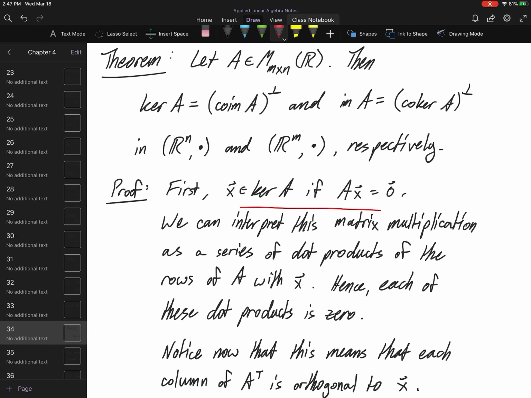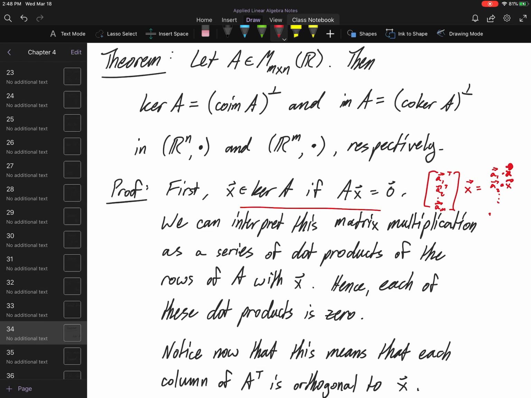So x belongs to the kernel is the same thing as saying that Ax = 0. The way that we're going to interpret this is through how we compute the matrix multiplication A times x in the first place. If we look at A as having a whole bunch of row vectors, A1, A2, all the way down to Am, and we multiply that into x, then what's really happening here is I get a whole bunch of dot products, right?